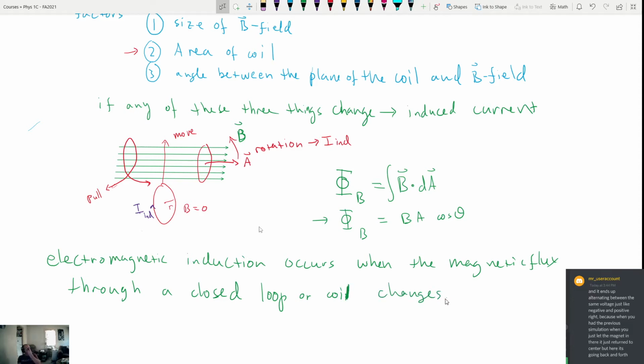Any change in magnetic flux will lead to electromagnetic induction. And the faster the flux changes, the bigger the induction is going to be.